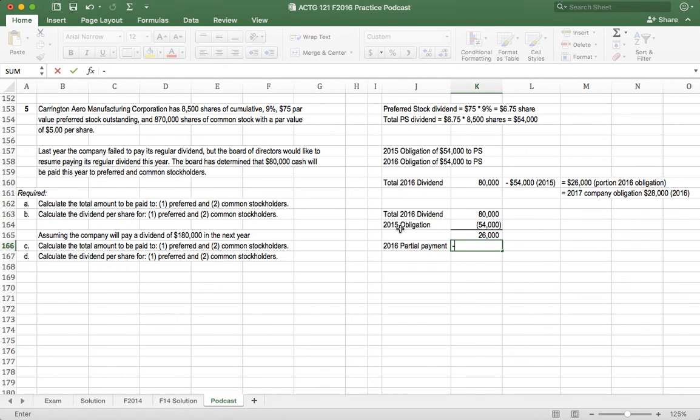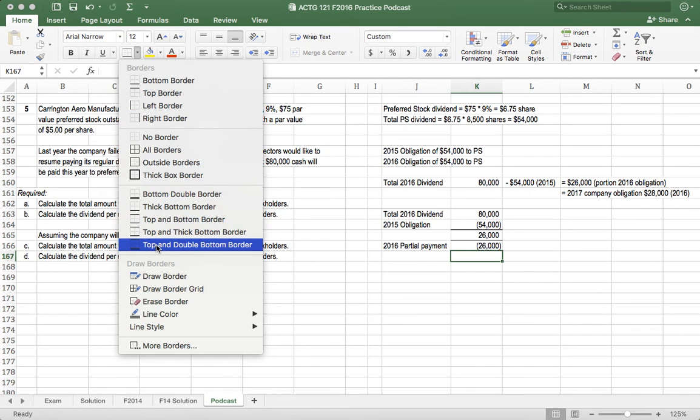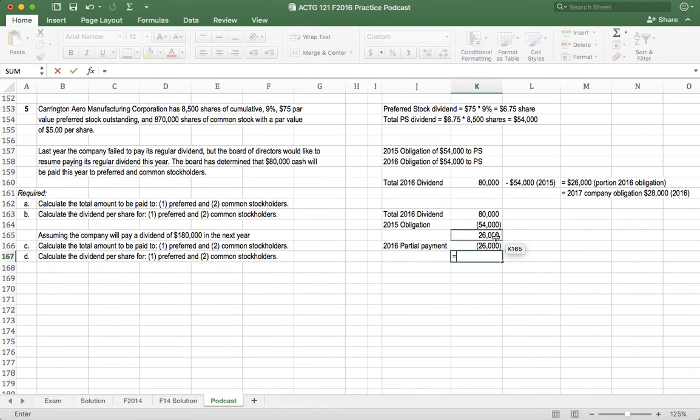Because you can't take more than the board of directors has determined they will pay. So the split for the preferred stockholders in A, the total amount to be paid to preferred stockholders is $80,000 because the company has not fulfilled its obligation.